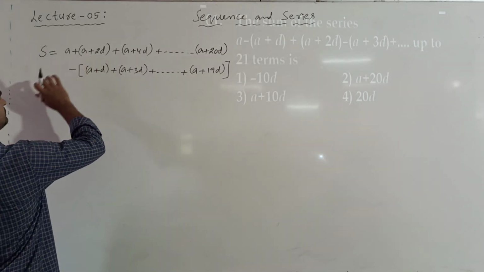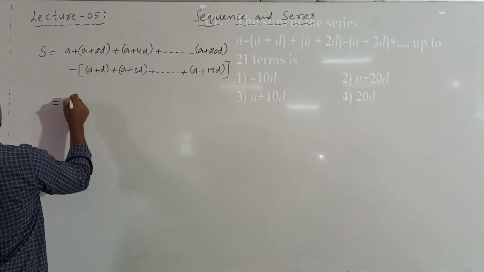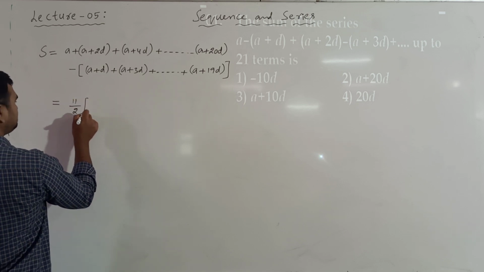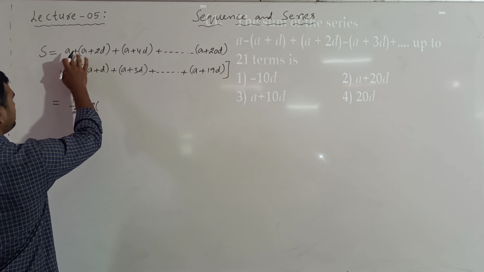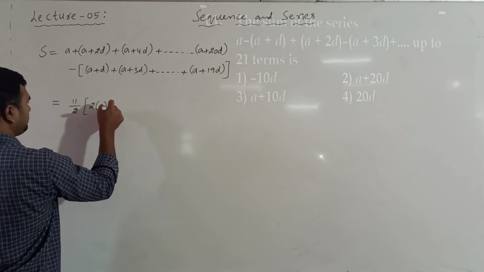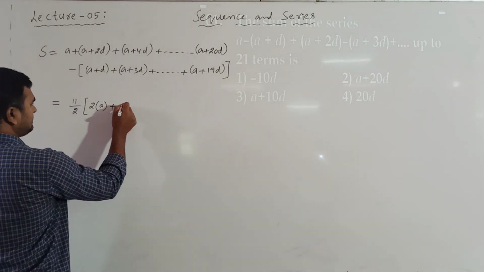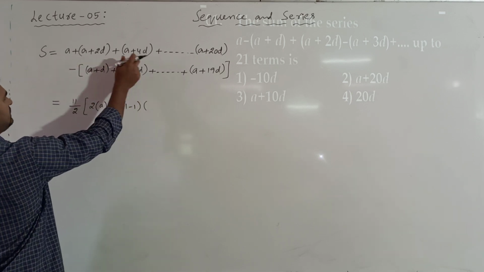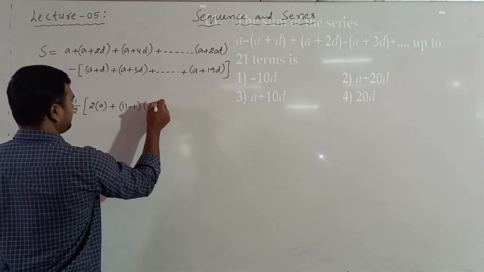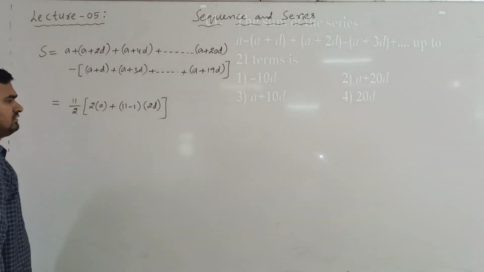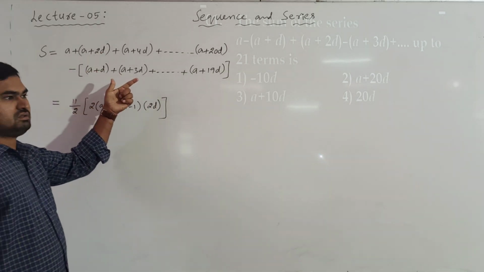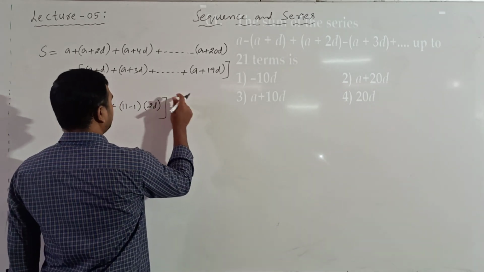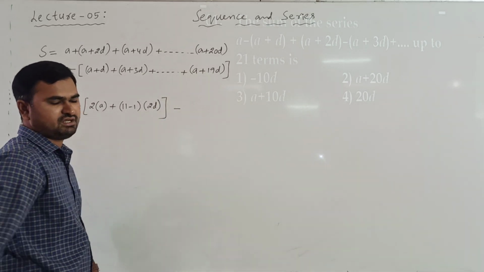So apply the sum of n terms formula using AP. In the first group, first term is a. So sum of 11 terms is 11 by 2 into 2a, where a means first term, plus n minus 1, that is 11 minus 1, into d. What is the difference here? 2d. This is the sum of the terms in the first group, minus the sum of terms in the second group.